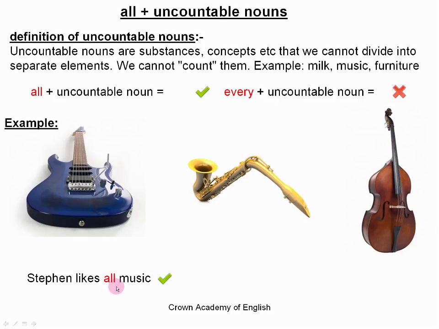Okay? So this is the uncountable noun. And notice this time the word stays in the singular. Okay? And we do not use the word the. So there is no definite article. We say the word all and then the uncountable noun, which always stays in the singular.